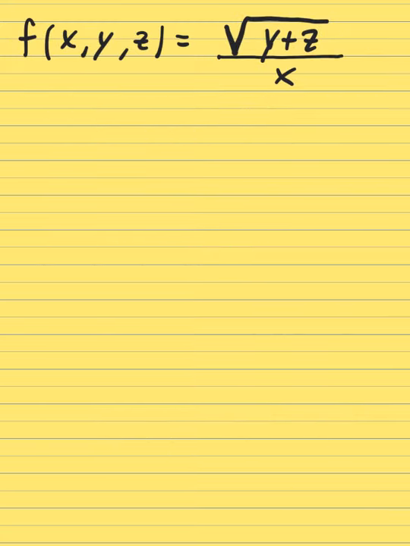Let's do a 3-variable function. This function has variables x, y, and z, specifically defined as the square root of y plus z, all divided by x. Let's find the value of f of 1, 3, 6. Now, just like the last example, you're going to respectively plug in a 1 for x, 3 for y, 6 for z.